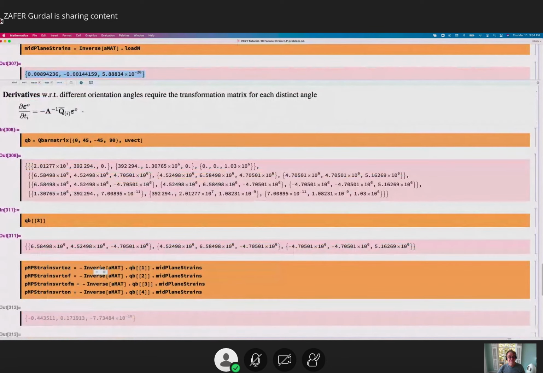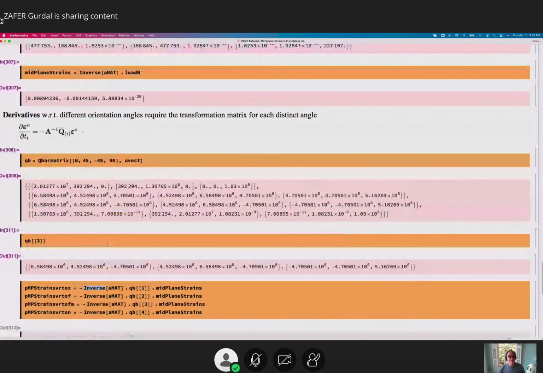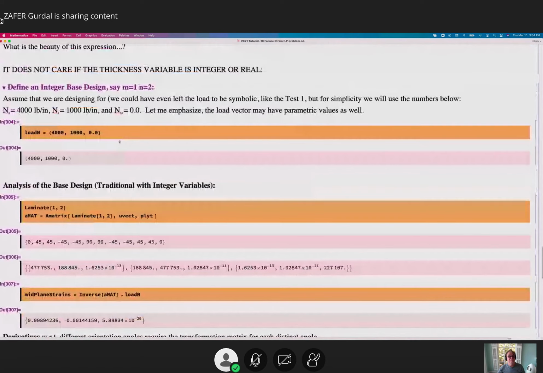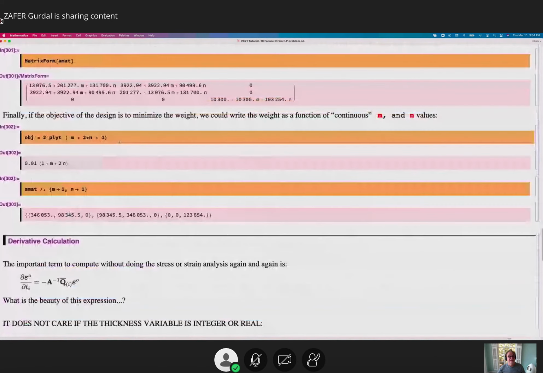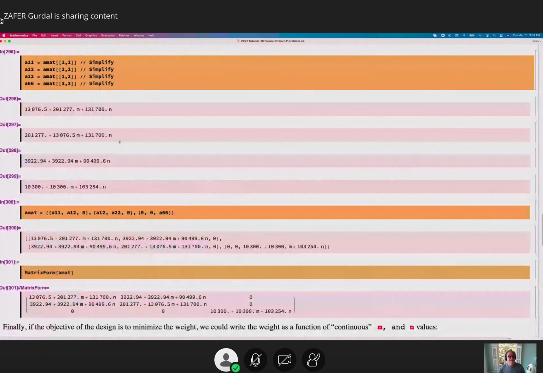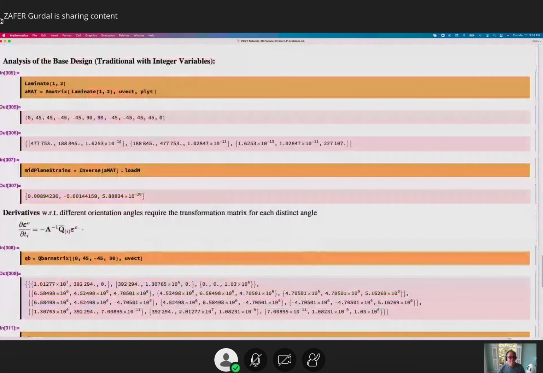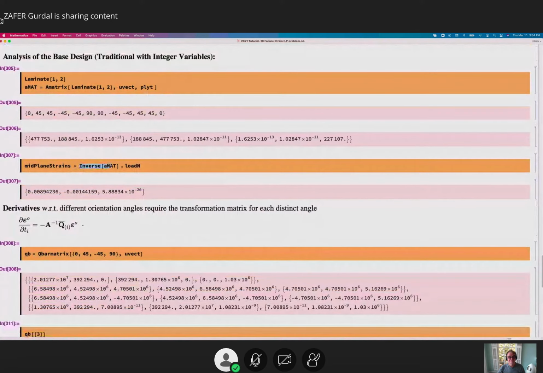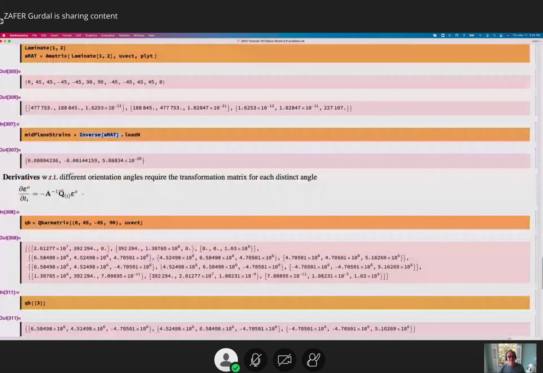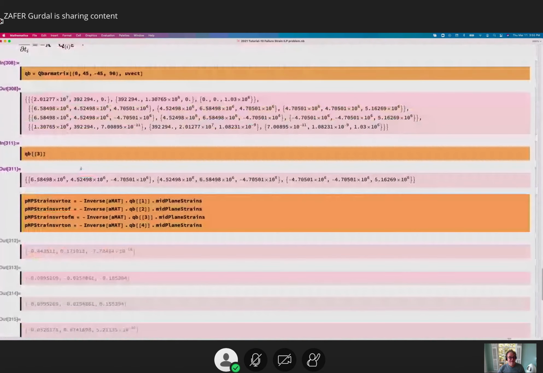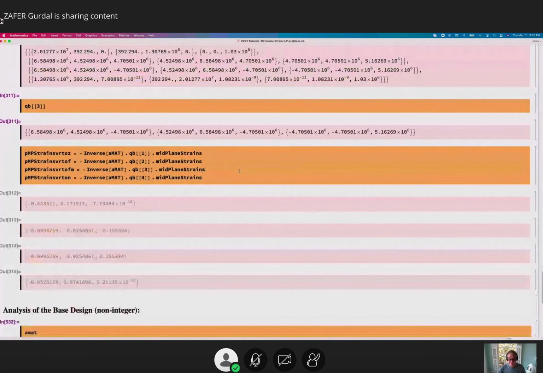Inverse A matrix is computed or computable. I already used it somewhere up there, I think. Oh, here. So inverse A matrix also exists, and these are the derivatives.